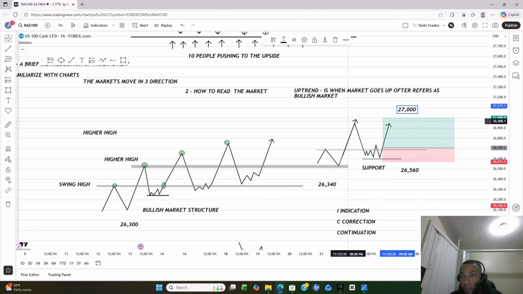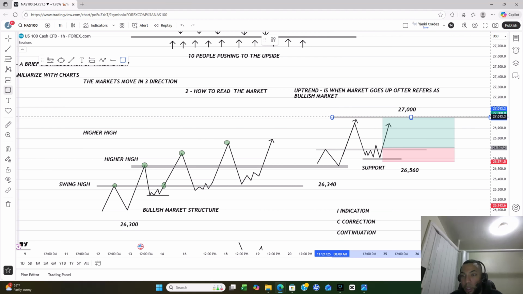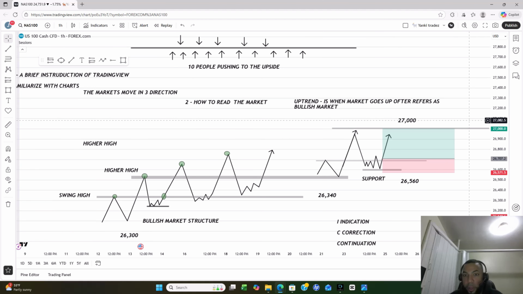Okay, that's the same thing that I do in my trades. Nothing crazy. You guys are gonna see with your eyes how I put it. The same thing that I'm doing here is the same thing that I'm gonna show you in a minute.